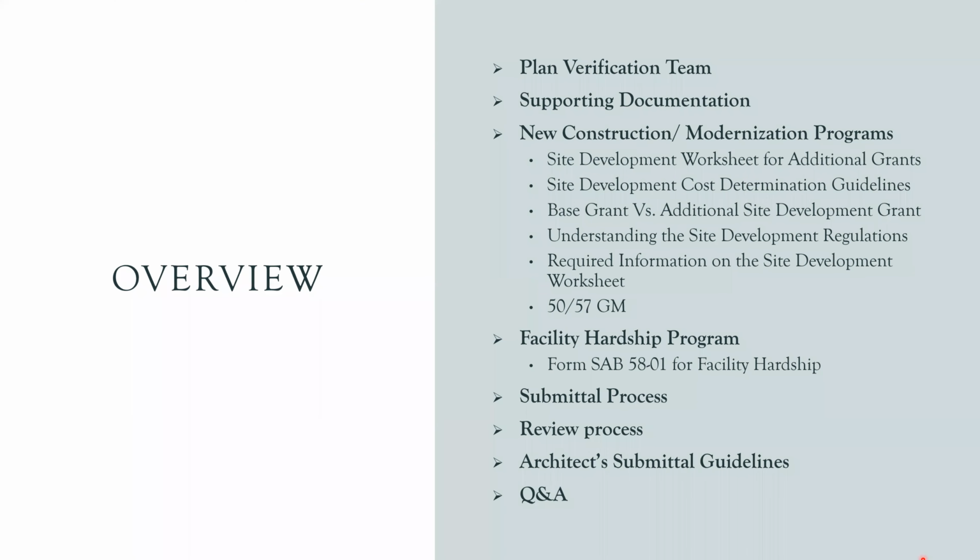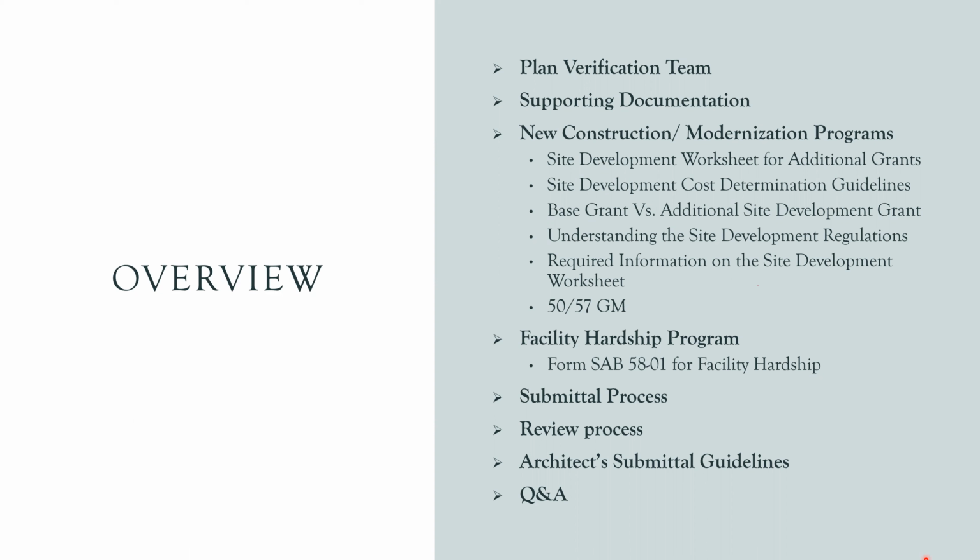Here's an overview of today's presentation. First, we'll talk about the plan verification team and the supporting documentation needed to conduct a full review. Under new construction and modernization programs, we'll talk about the site development worksheet for additional grants and cost determination guidelines. Then we'll talk about the difference between base grant versus additional site development grant, then understanding the site development regulations, and how to complete the site development worksheet.